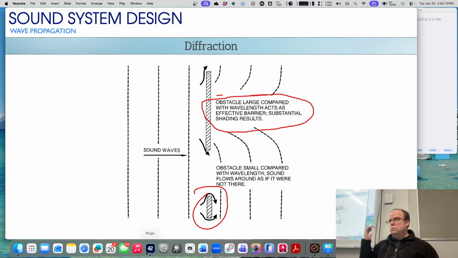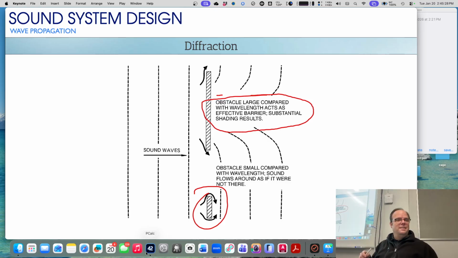Well, what's it going to take? A pretty big wall, right? If it's a tuba, you're going to have to put a pretty big wall between them in order to stop those low frequencies.